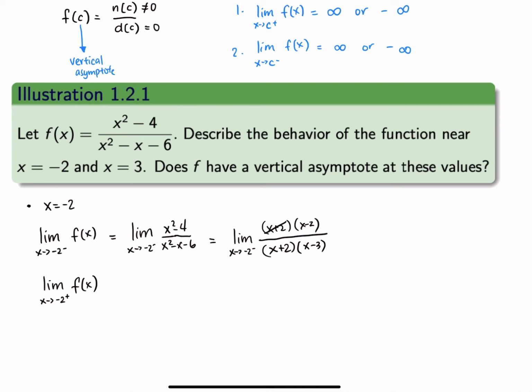With this, we can cancel out x plus 2, and we're left with the limit of x minus 2 all over x minus 3 as x approaches negative 2 from the left. Now by direct substitution, we get negative 2 minus 2 all over negative 2 minus 3, which gives us 4 over 5.